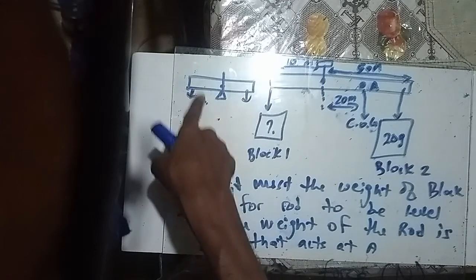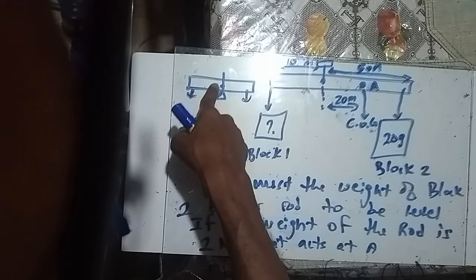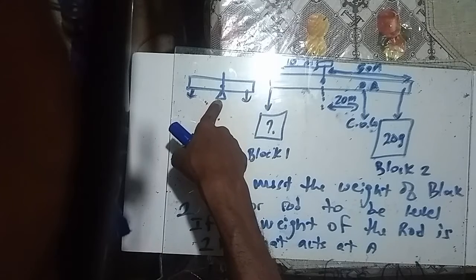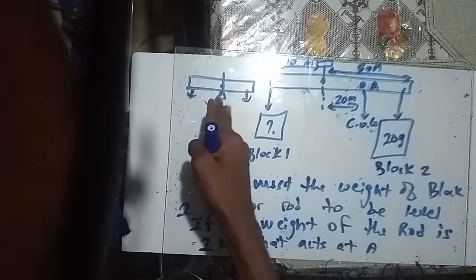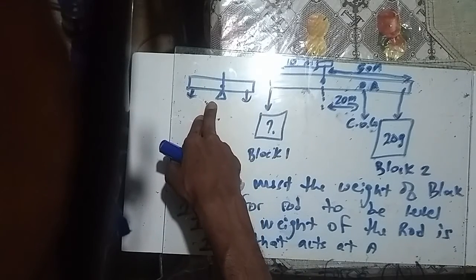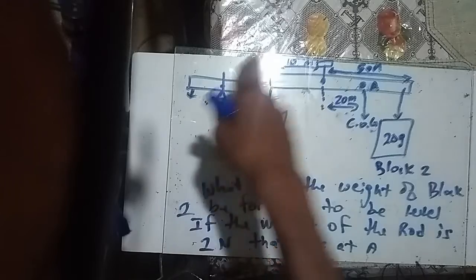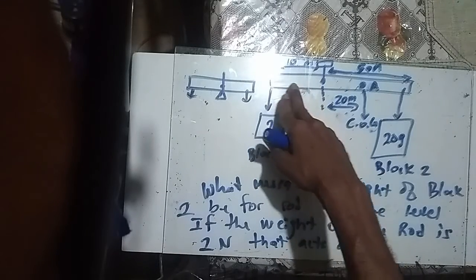It's a rectangular rod. Center of gravity would be right there in the middle, and common sense would tell you the engineers would put the pivot right in line with the center of gravity. That's the normal question we have been looking at, where we never have to consider the center of gravity. But over in this question, you see the center of gravity, look how long the rod is.